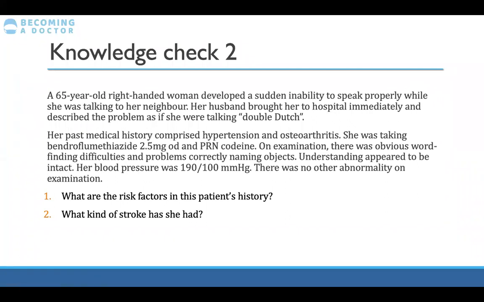Equally, just by sheer numbers, she could have had an ischemic stroke, because that is the most likely kind of stroke a patient can have. And if she has had an ischemic stroke, then we can classify if it's total, partial, lacuna, or posterior circulation, because remember the Bamford classification is for ischemic strokes.